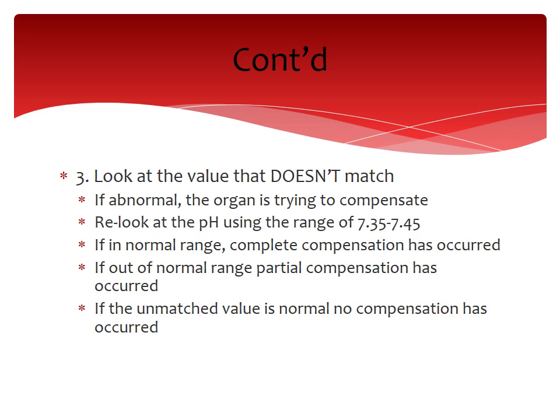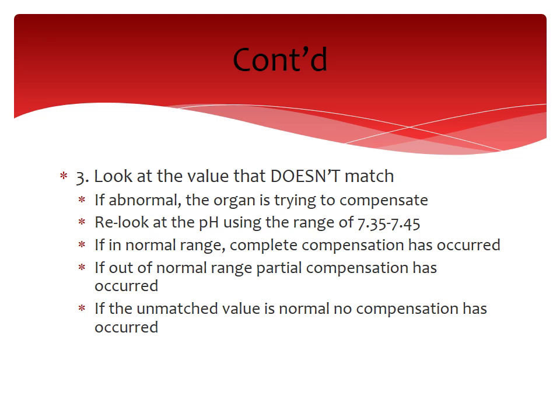Okay, so if it's abnormal, the organ is trying to compensate. Relook at the pH using the range of 7.35 to 7.45. If it's in normal range, complete compensation has occurred, meaning the pH is back in the normal range. If it's out of the normal range, then only partial compensation has occurred. If it's unmatched, you have no compensation or the acute.